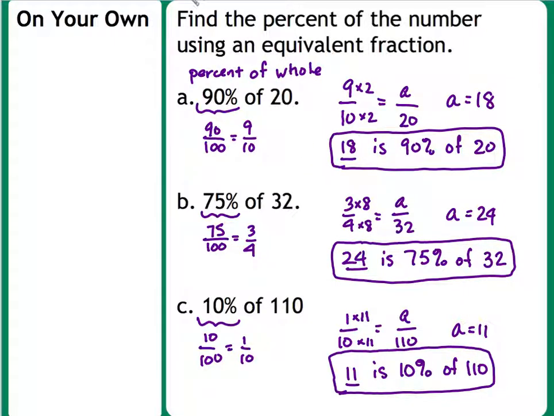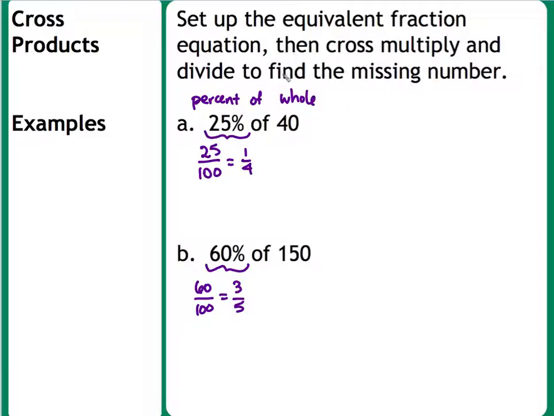Now the final method I'm going to show you is using cross products. Cross products says that we can multiply numerators and denominators of the different fractions, and they are equivalent. So again, I simplify the percent and set up our fraction. So 1/4 is equal to, we don't know the part, over the whole of 40.